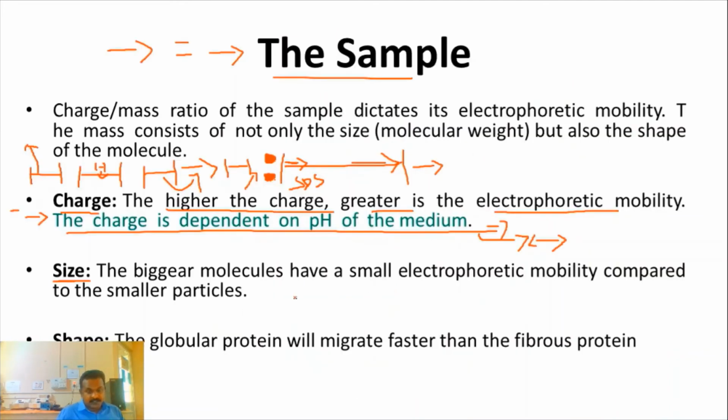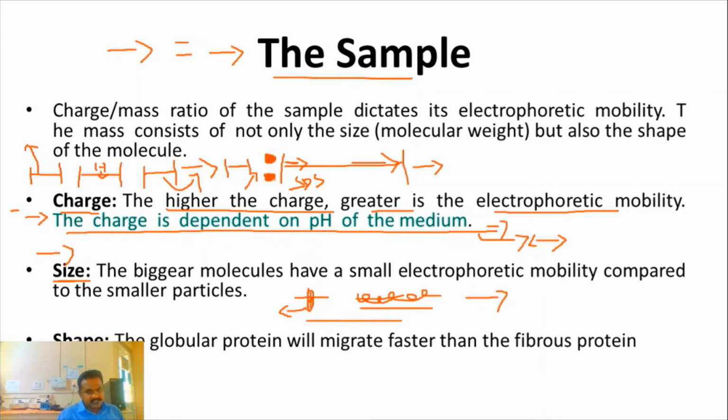If you take a glycoprotein or a fibrous protein, glycoproteins look like transmembrane proteins, but fibrous proteins, for example collagen. If you try to separate an integral protein or glycoprotein and a fibrous protein, even with the same molecular weight, the fibrous molecules migrate faster than the glycoprotein.